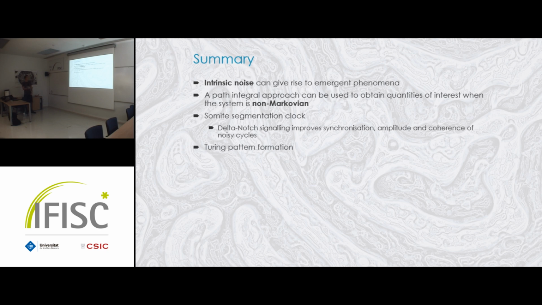Then we looked at Turing pattern formation, where we had noise-induced patterns which increased the range of parameters for which we saw pattern formation, and we discussed the idea that perhaps a combination of anomalous diffusion and stochasticity could mitigate the fine-tuning problem we see with Turing pattern formation.